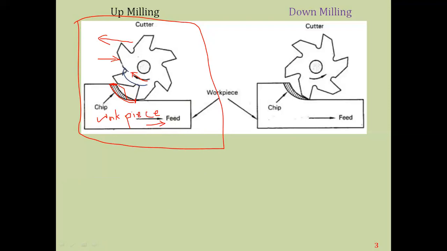So the cutting force is directed upwards, which means that the workpiece is lifted upwards from the work table. During this up milling process, whatever chips are there accumulate at the cutting zone, and these chips interfere with the rotating cutter. Therefore, sometimes it may develop a rough surface finish even on the workpiece.